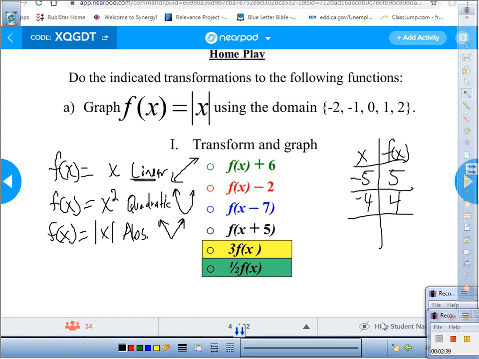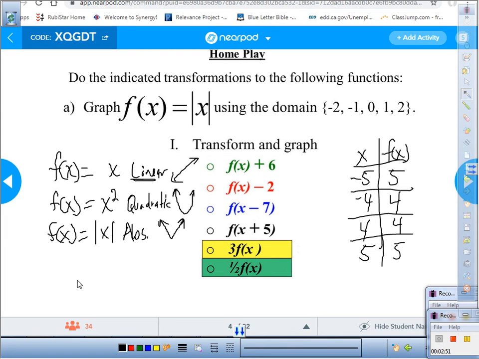And if I continued all the way to the other side and I gave you the values 4 and 5, what is the absolute value of 4? Still 4 and 5. So the y values or the f of x values don't change. That's why these stay the same. That's why on both sides, it's going to be the same height for both sides of the coordinate plane. That's why we end up with a V.